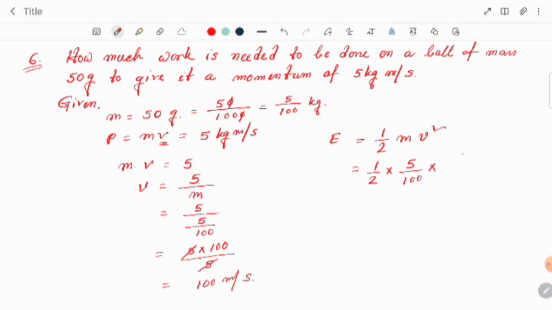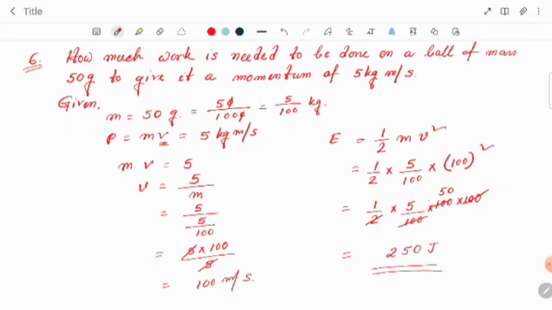V equal to 100, so 100 whole square. So half into 5 by 100 into 100 into 100. So 100 we can cancel, 2 it will become 50. So 50 into 5 we can say 250 joule.